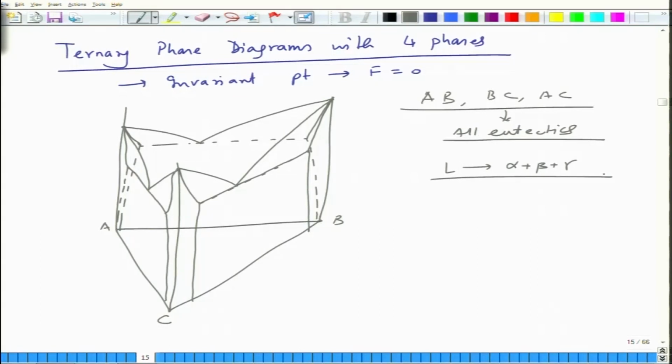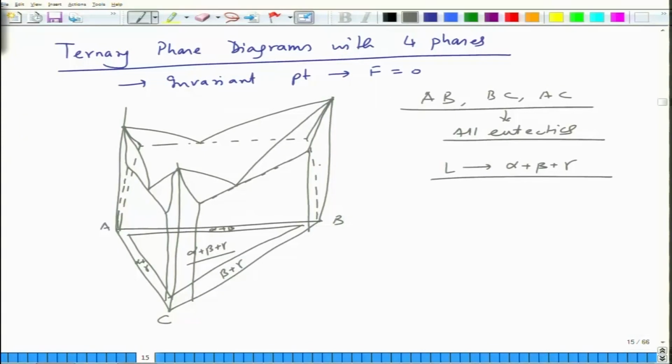You have three phase fields somewhere at the bottom. Depending upon the solid solubilities, you will have a three phase region something like this. This region would be beta plus gamma, this region would be alpha plus gamma, this is alpha plus beta, and in between you have alpha plus beta plus gamma.